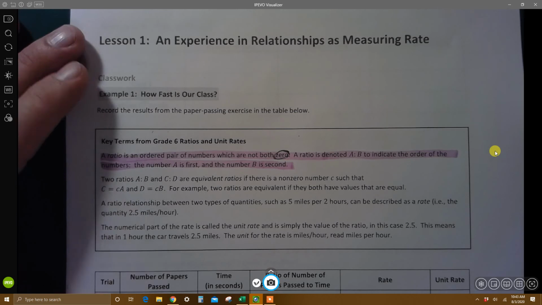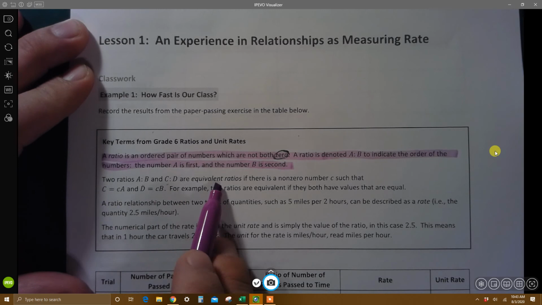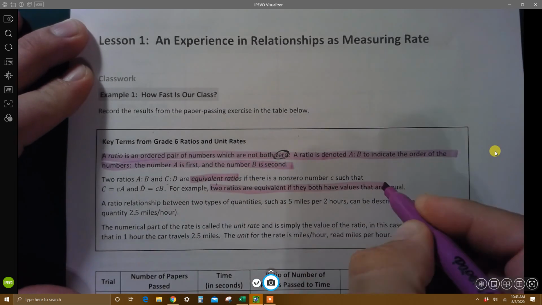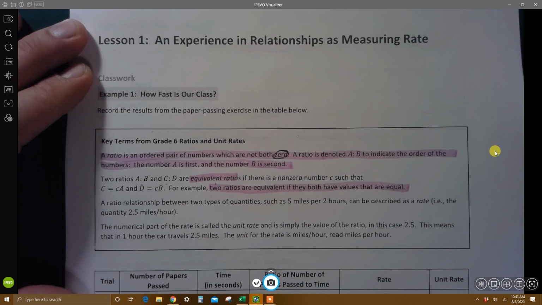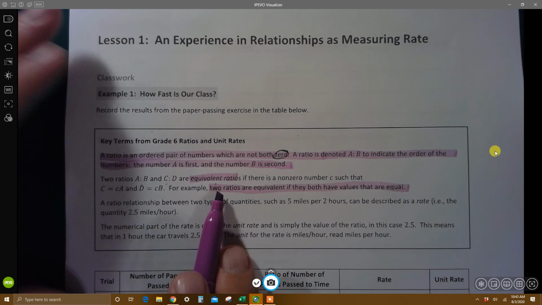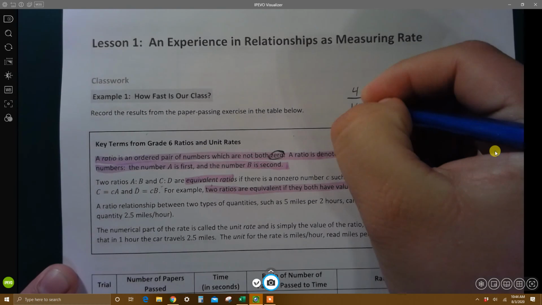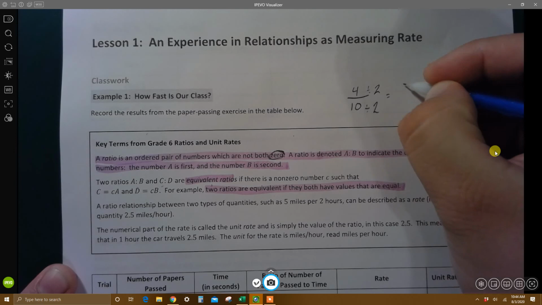Next part. Two ratios, A to B and C to D, are equivalent ratios when they both have values that are equal to each other. Equivalent ratios are kind of like equivalent fractions. You know how 4/10 can be reduced by dividing both the numerator and denominator by 2, and you get 2/5.